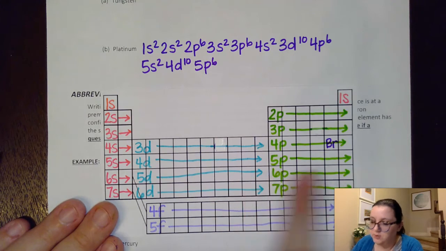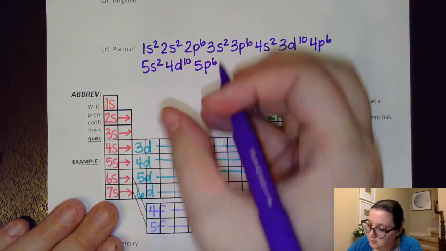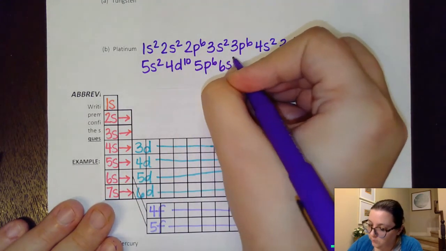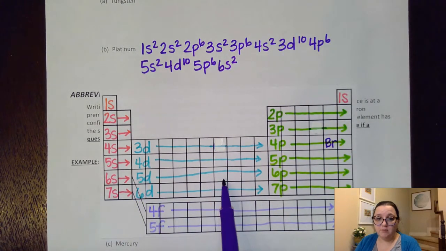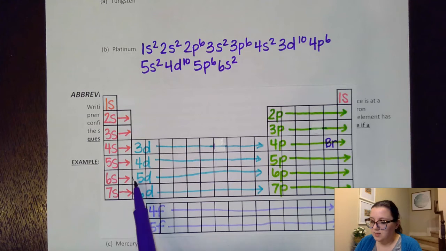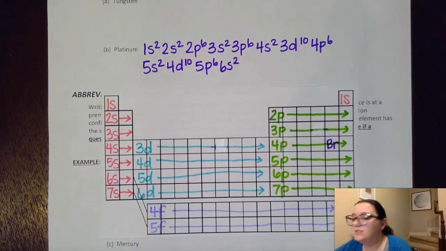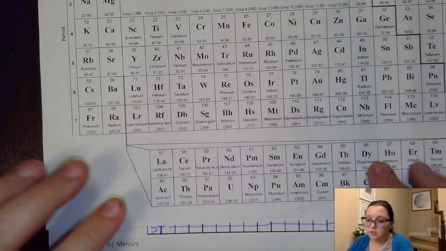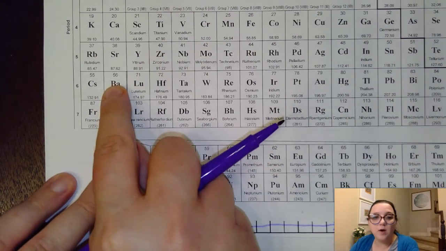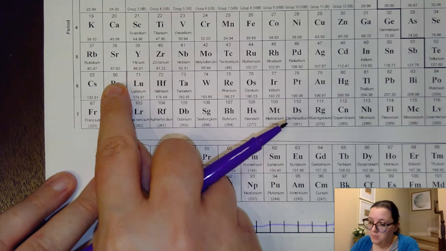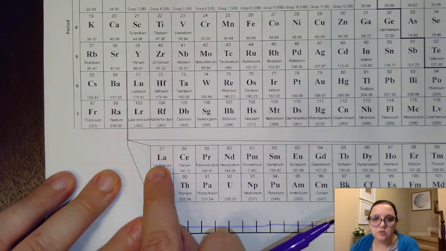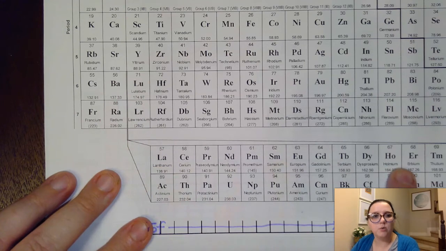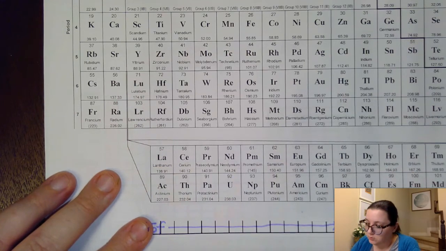Next, I would want to go to this 6s, and then 2. But before I get to my platinum that's hanging out over here, notice how this cuts down. You see it also on your regular periodic table. If you look at your numbers, right now we're at number 56, we're at barium. But before I can get over here, I've got to cut down and do this row that I see down here, or I'm going to be short on my count.